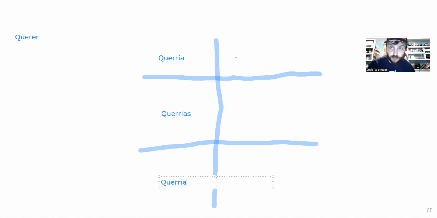Now we're going to go plural. So, but notice in the present form of the indicative, it is queremos in the nosotros, nosotras form. And that would be queramos in the subjunctive present, right?